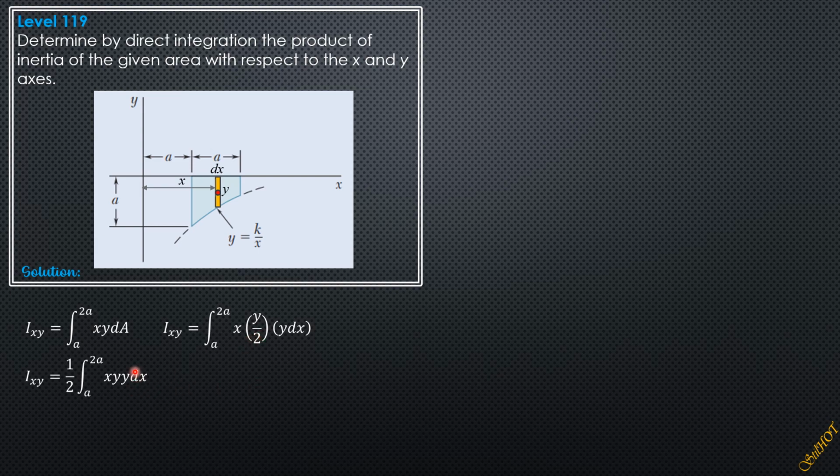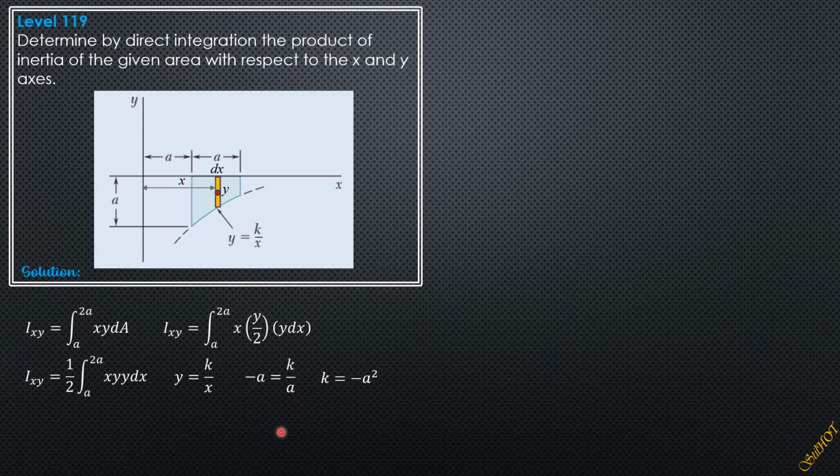I break down y squared into y and y because the y in dx should be treated as positive and the other y should be treated as negative. So y equals k over x, which is given in this figure: when y is negative a, x is positive a, so the point is a comma negative a. So negative a equals k over a. Therefore, k is negative a squared.